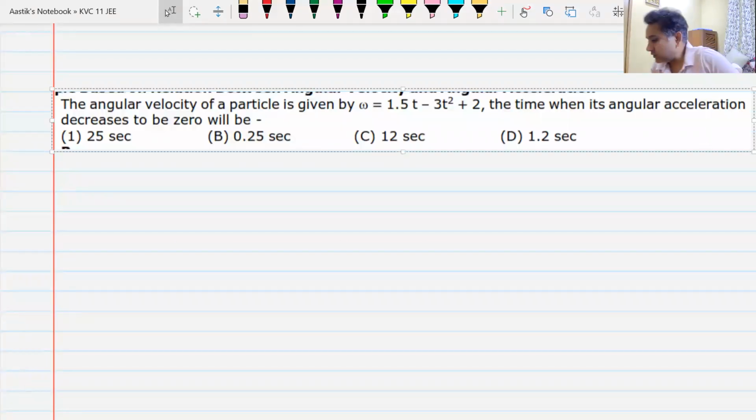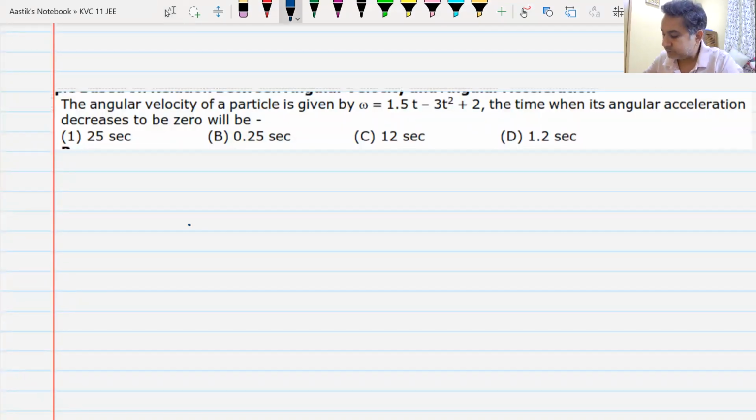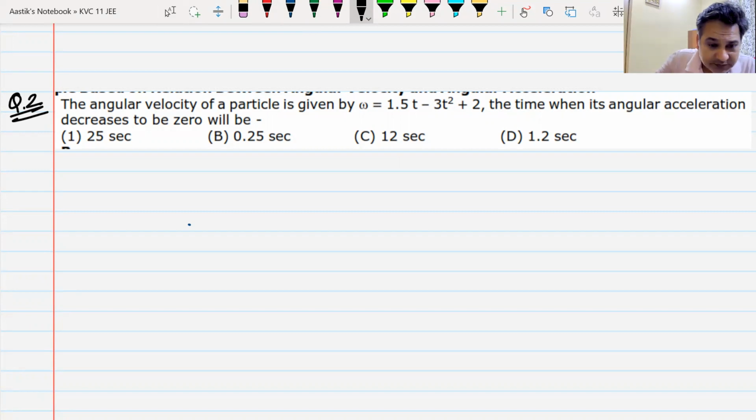So this is the question coming for you. The angular velocity of a particle is given by omega is equal to 1.5t minus 3t square plus 2. At what time does angular acceleration become 0?